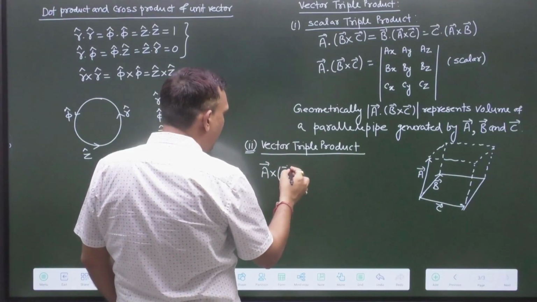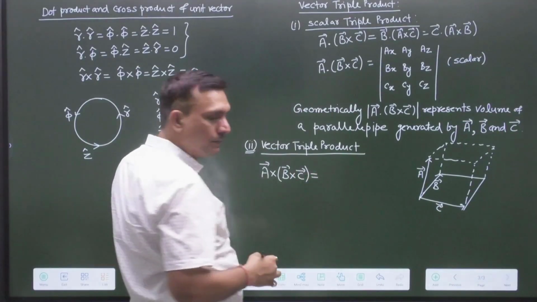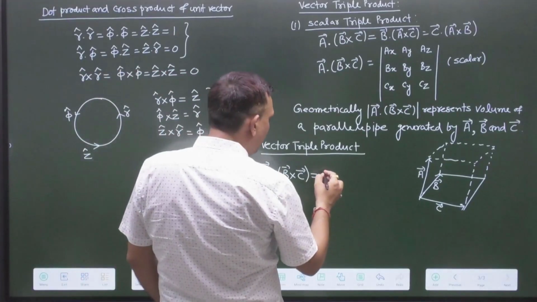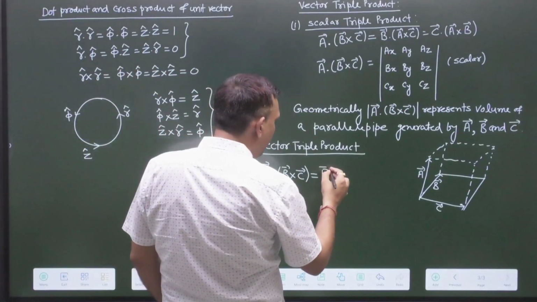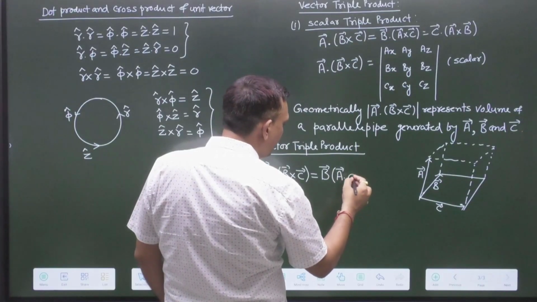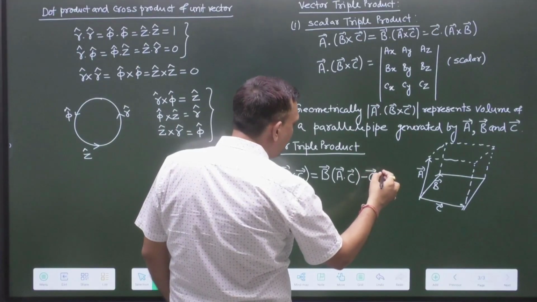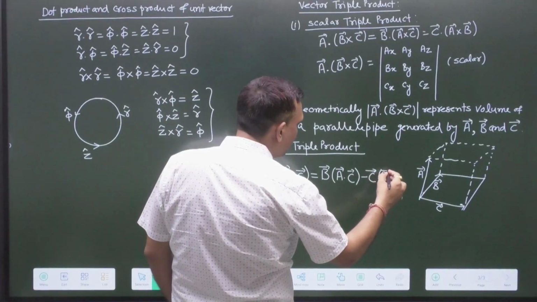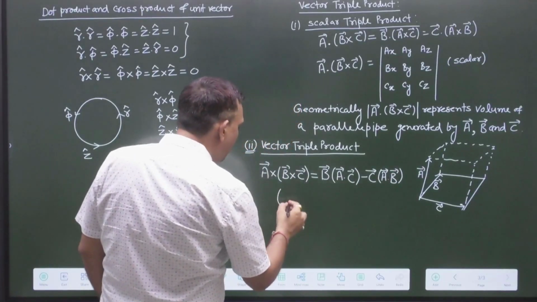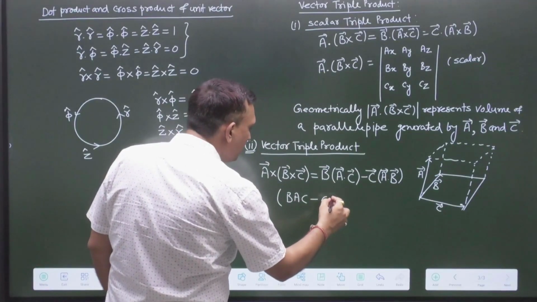So this is A cross B cross C and that will be a vector quantity, and this will be given by B A dot C minus C A dot B. You can remember this as the back cab rule.